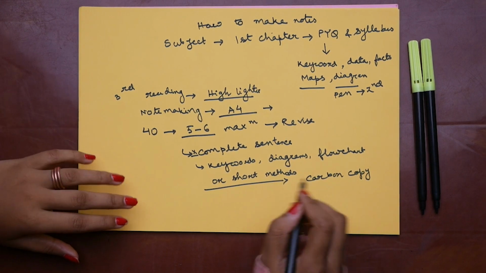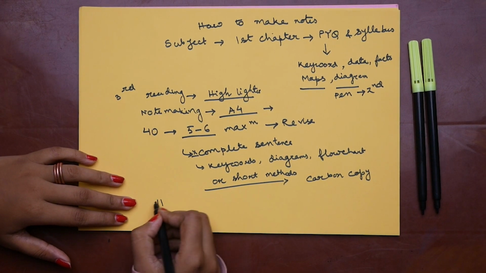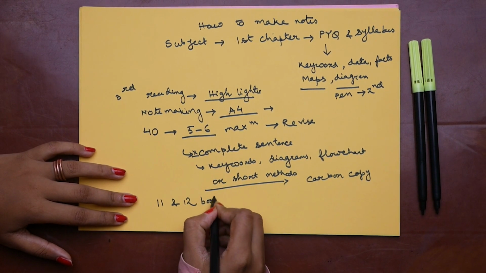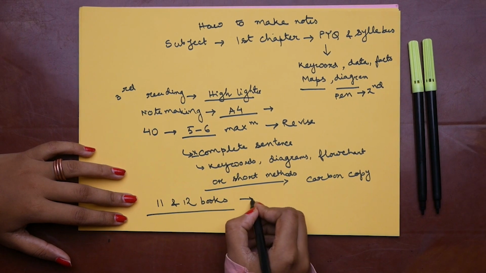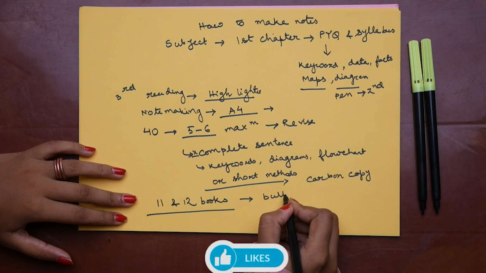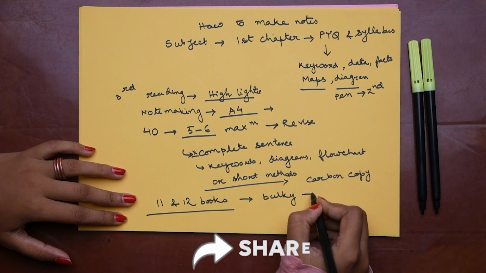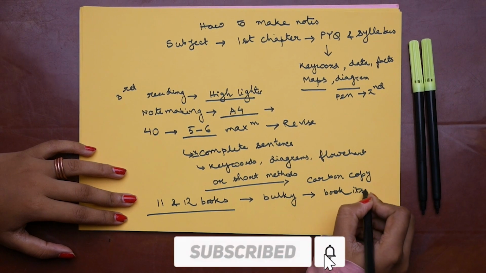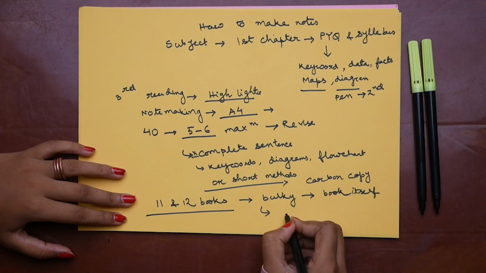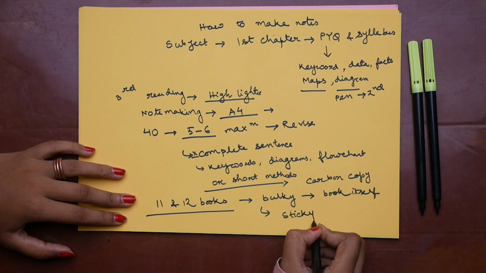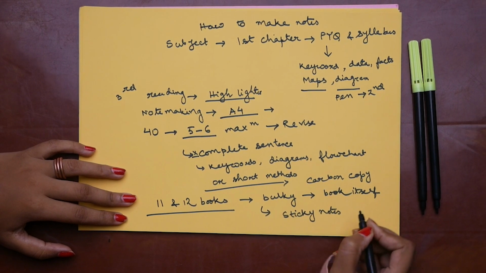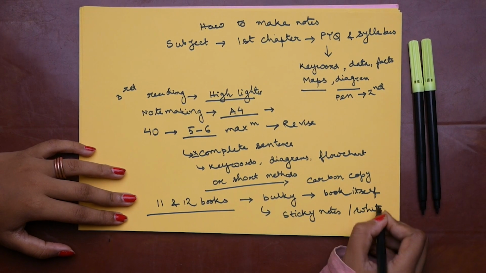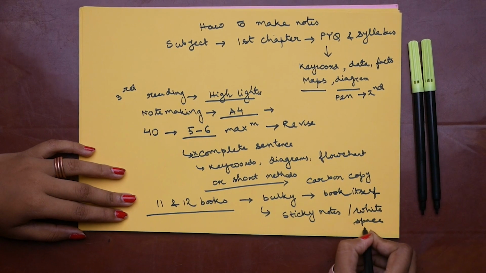Another important thing I would like to mention: if you are reading class 11 and class 12 books, since these books are very bulky, you can make the notes in the book itself by adding some sticky notes, or wherever you find some free white space inside the book.